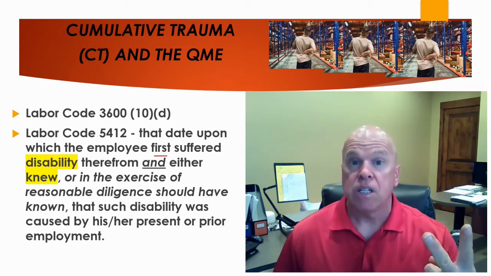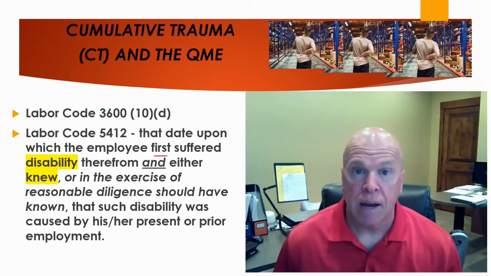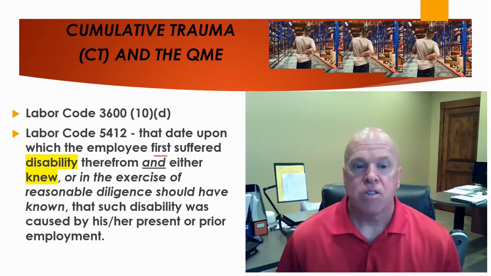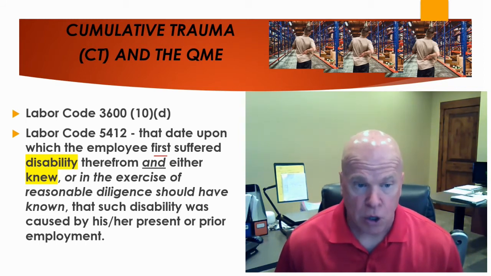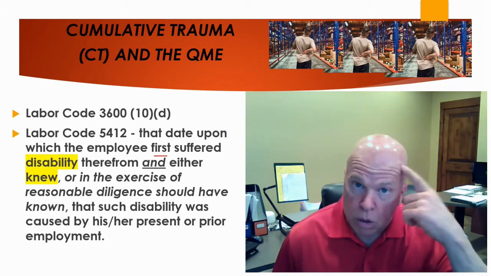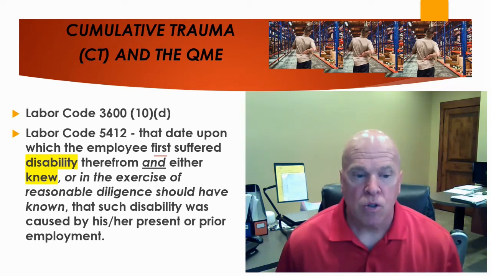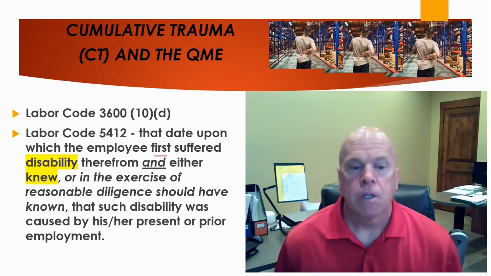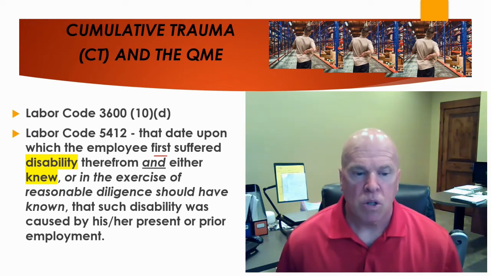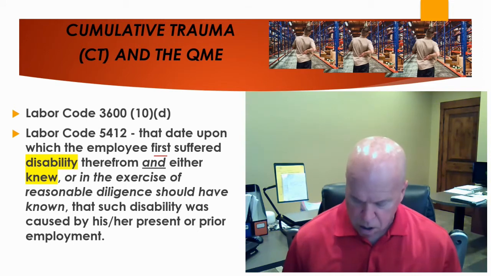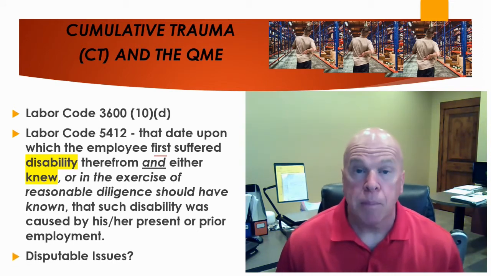So both of these criteria have to co-occur. It says and either knew, had the knowledge, that is, or in the exercise of reasonable diligence should have known that such disability was caused by his or her present or prior employment.